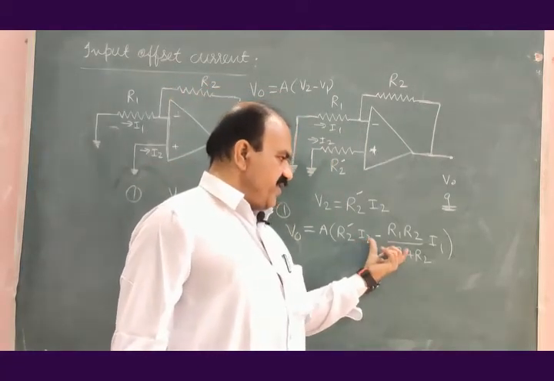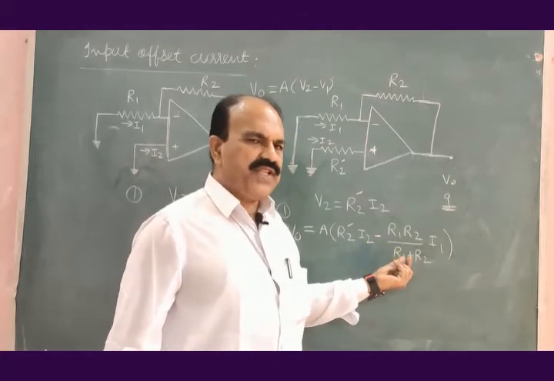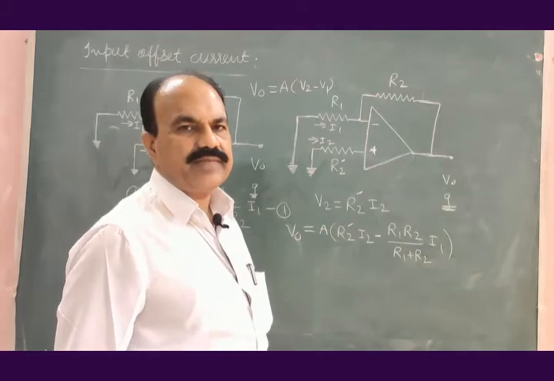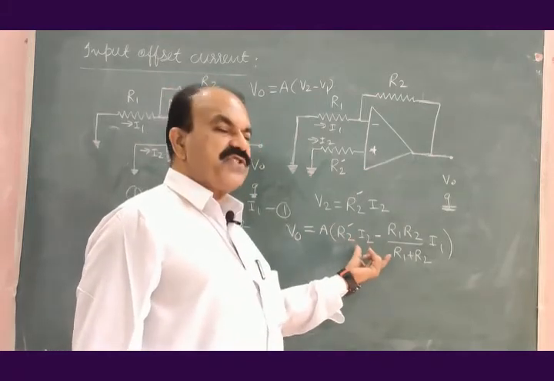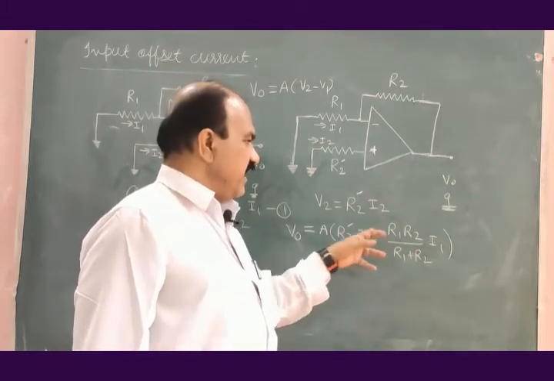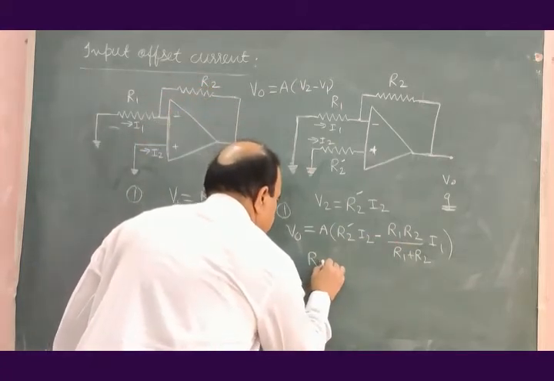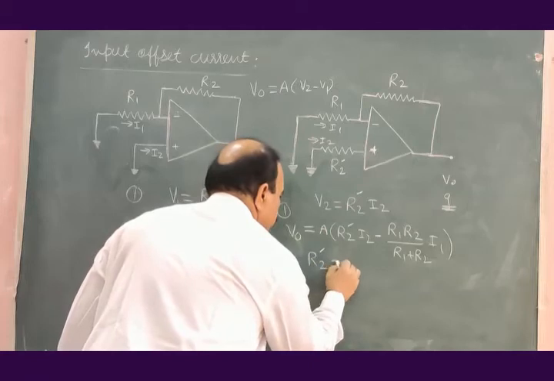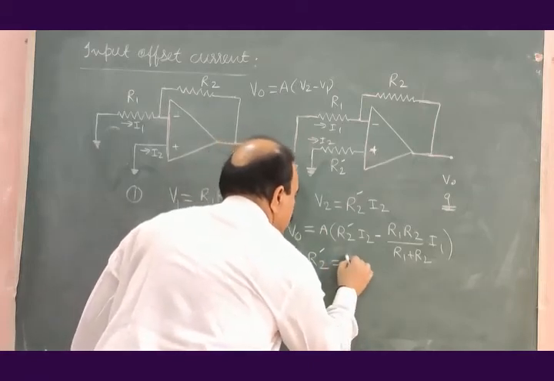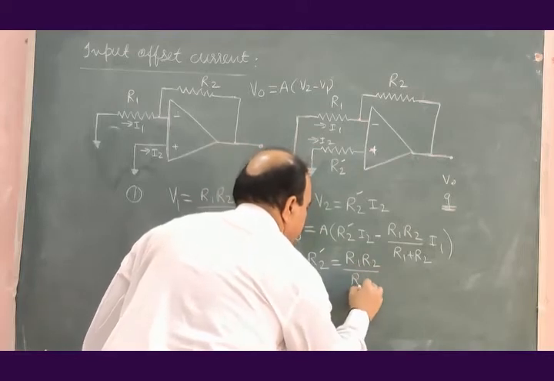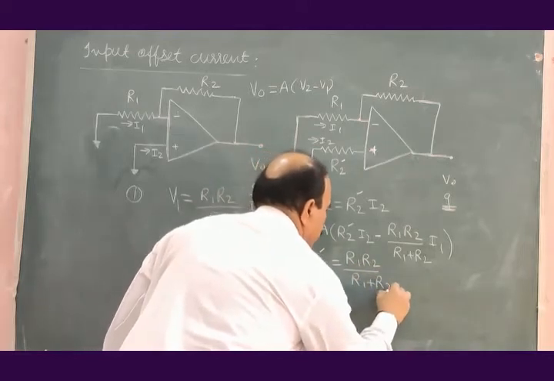As this difference is reduced to a very small value, VO will go on decreasing. To make this difference very small, when I1 and I2 are not the same, what is needed is we must have R2 dash equal to R1 R2 divided by R1 plus R2.